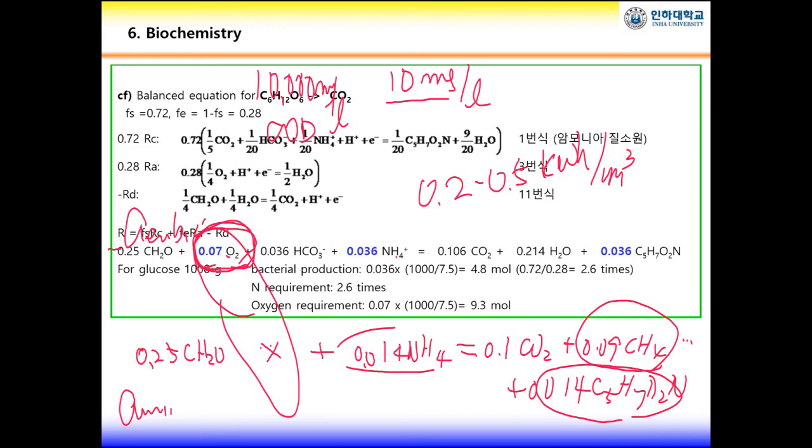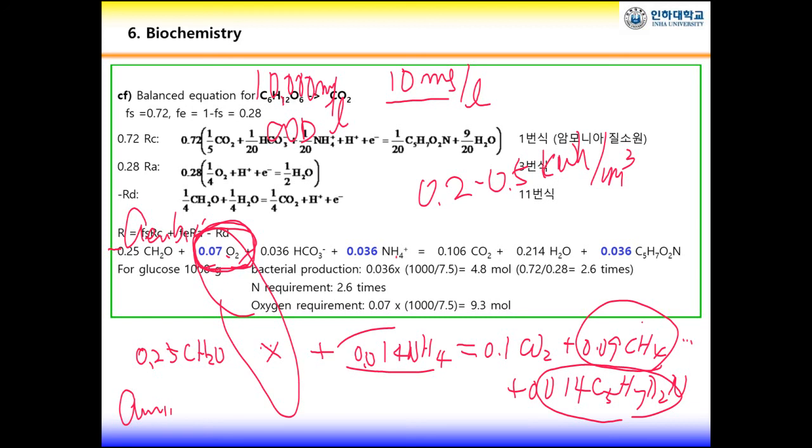Also, you can produce methane as a valuable product that can be used as an energy source. So in the energy aspect, the anaerobic process is much better than the aerobic process, because the oxygen requirement is not there, and we produce methane here.